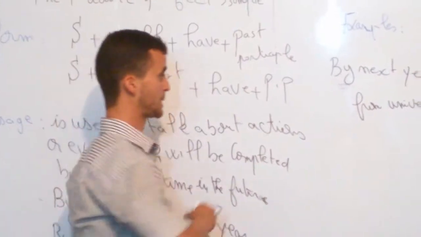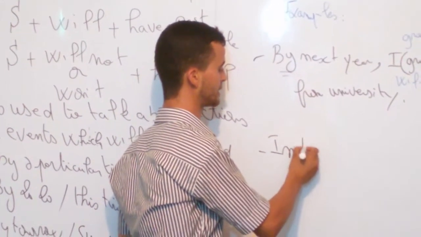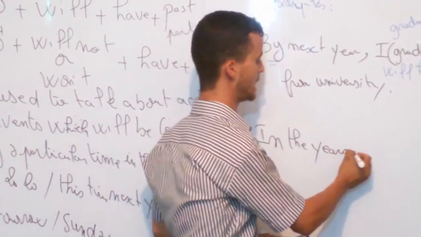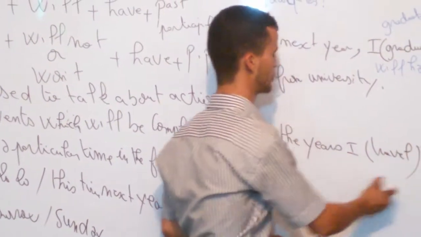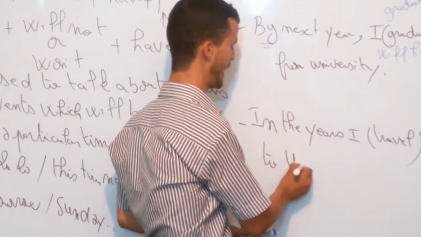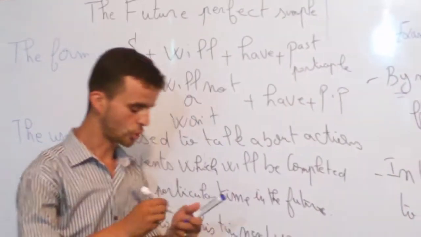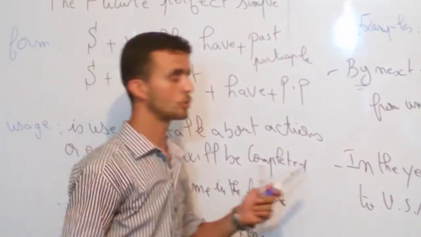Let's see another example. For example, in 10 years, I travel to the USA. I have a job, I earn a lot of money, so maybe I decide to travel to the USA.